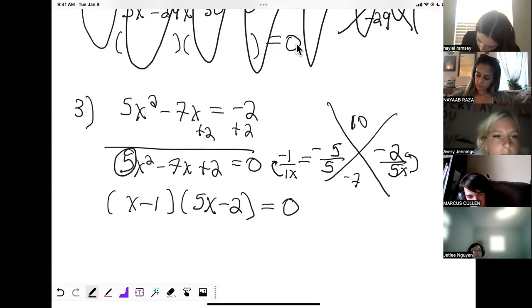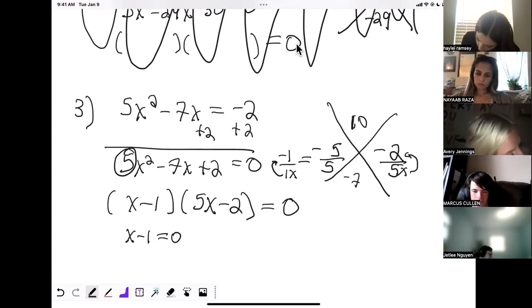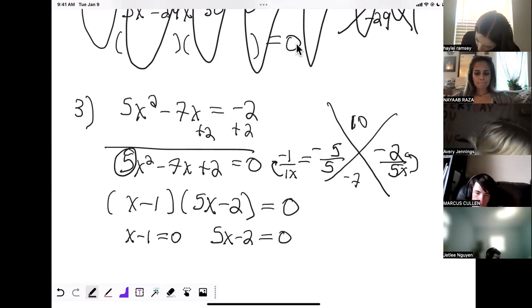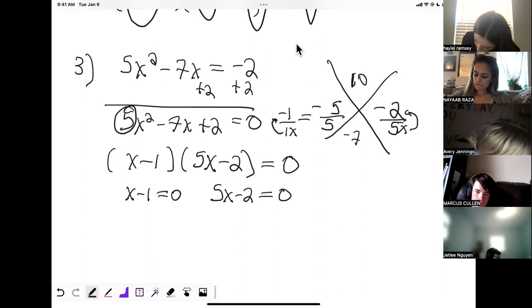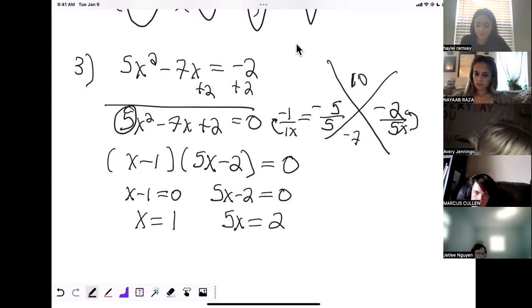So I take each part and set them equal to 0. So x minus 1 equals 0. 5x minus 2 equals 0. I'm going to skip the adding part because I think you guys are all right with me going to x equals 1. This one, I am going to move the 2 to the other side as adding, which means I'm going to divide.